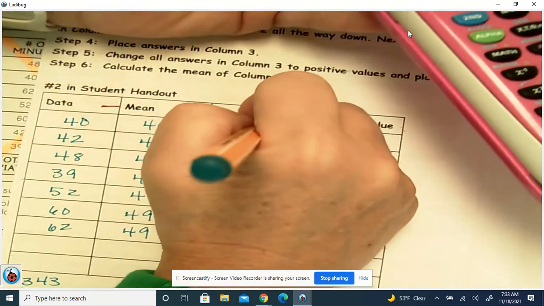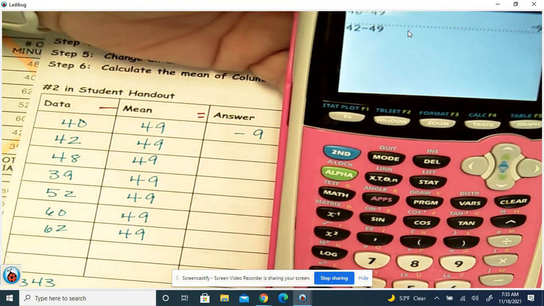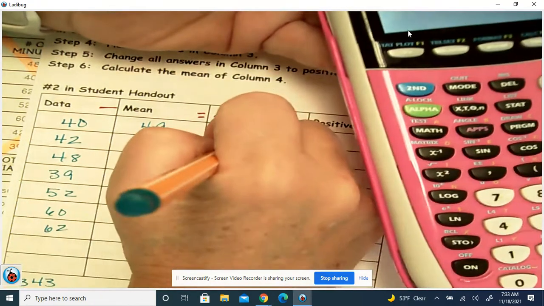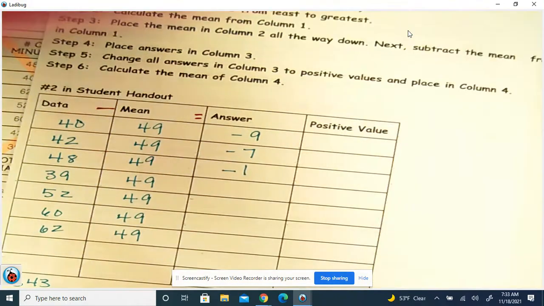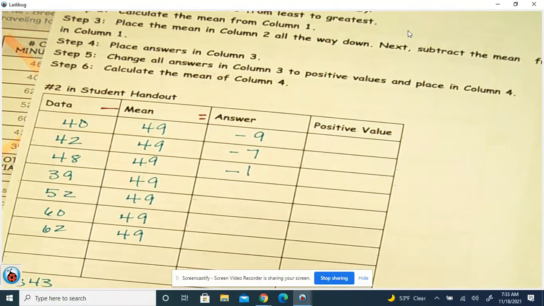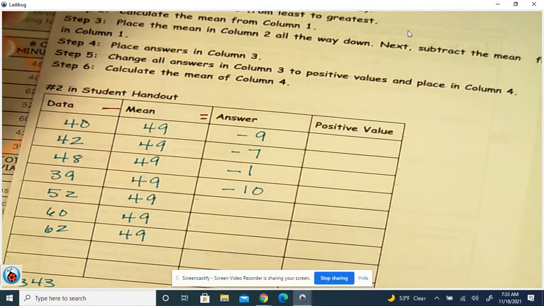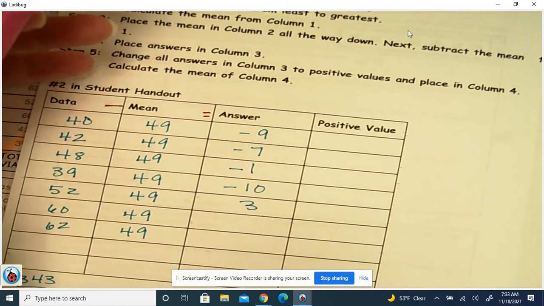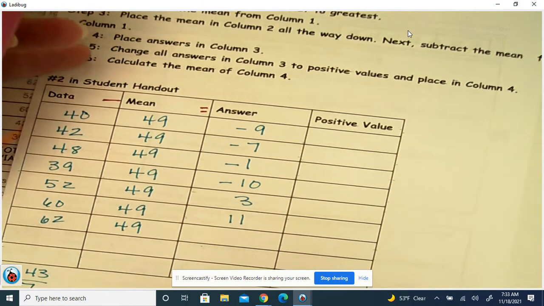We'll put a negative 9 here. 42 minus 49 equals -7. 48 minus 49 is a -1. 39 minus 49 is -10. 52 minus 49 is 3. 60 minus 49 is 11. And 62 minus 49 is 13.